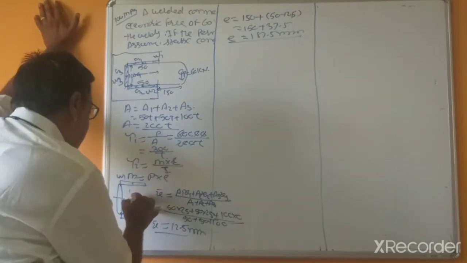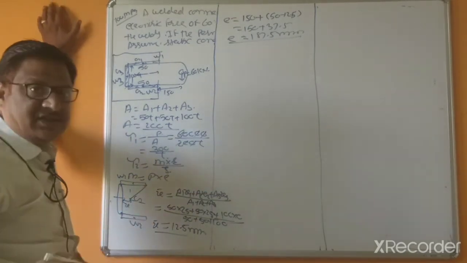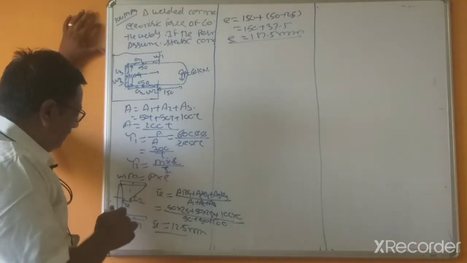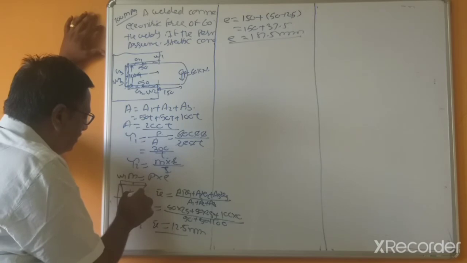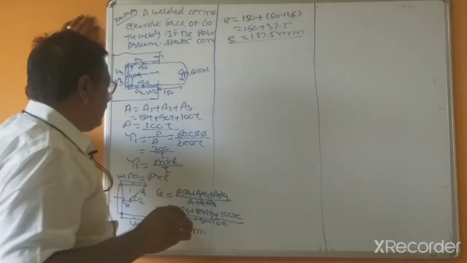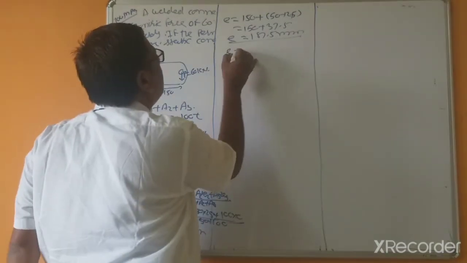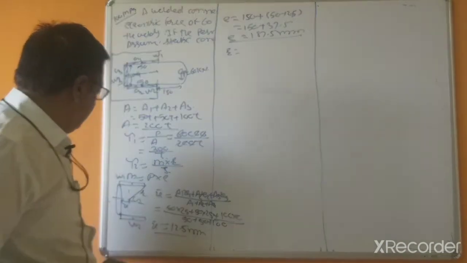And this distance is the farthest distance, because this distance as compared to this distance is the farthest distance. So R equal to, how can you calculate R?